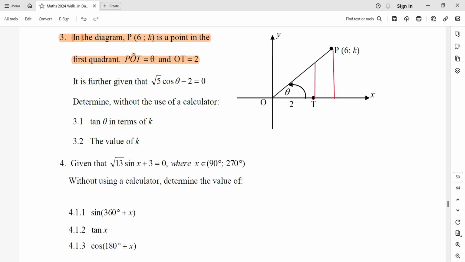Question 4, it says that it is given that root 13 sine x plus 3 is equal to 0. Okay, it is given. So if it is given, just use what is given and comply. So they have given you the quadrants. So if they are giving you where the value of x is an element of the real numbers from 90 degrees to 270, they have given you the quadrant.